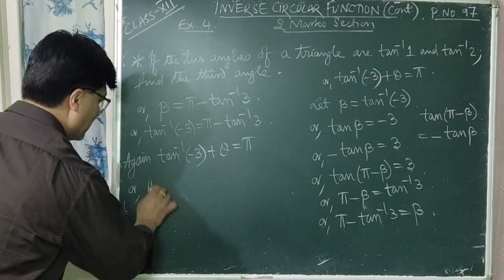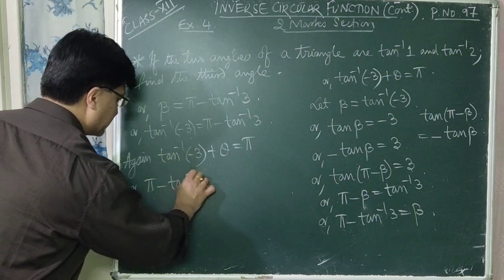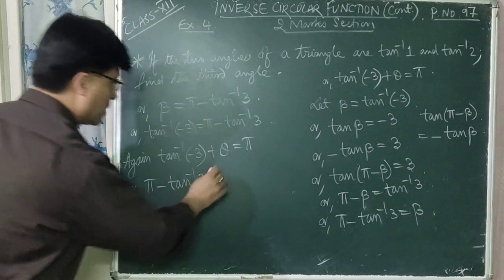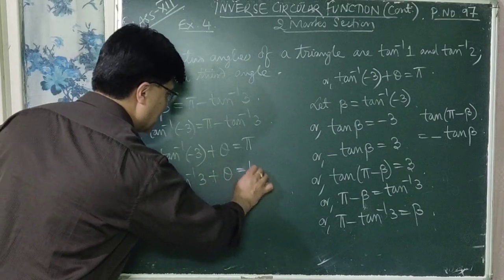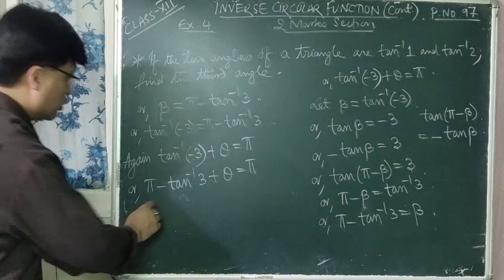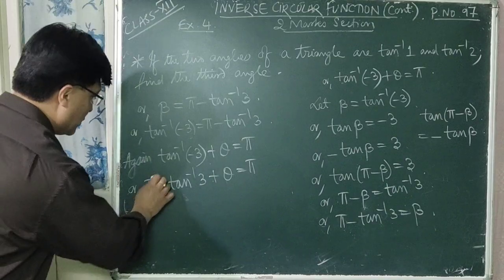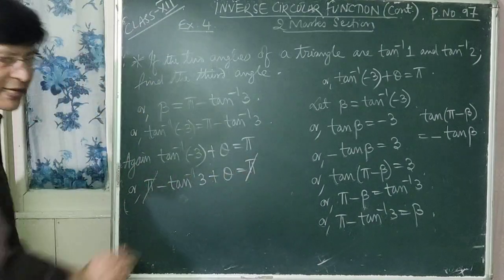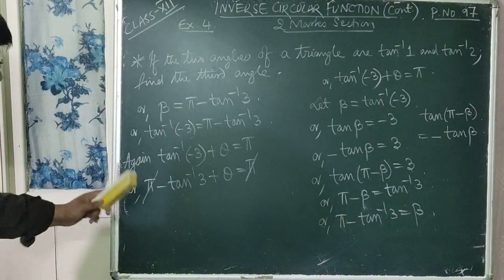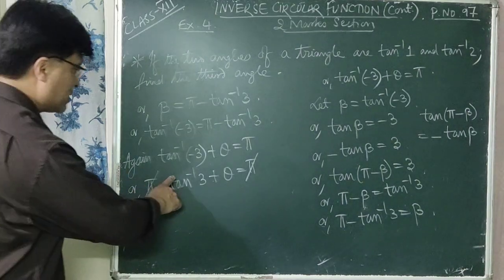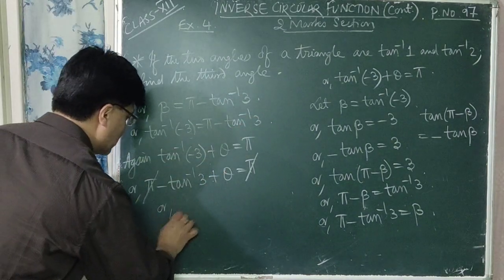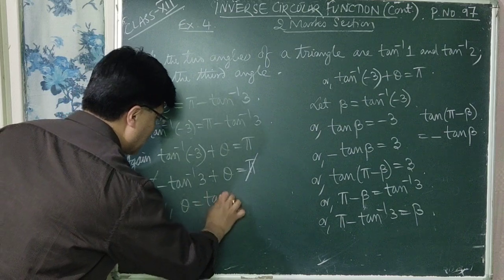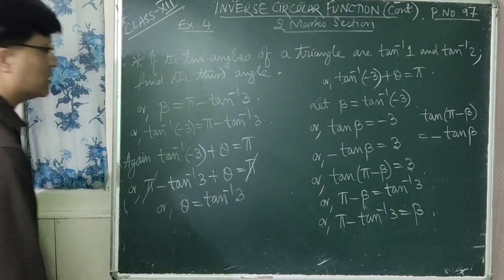It is pi minus tan inverse 3, so pi minus tan inverse 3 plus theta is equal to pi. Here you can cancel this pi from both sides. Minus tan inverse 3, take it to the right hand side. So theta is equal to tan inverse 3.